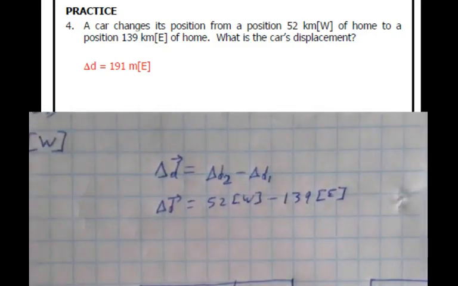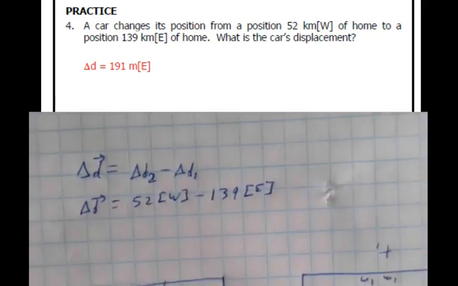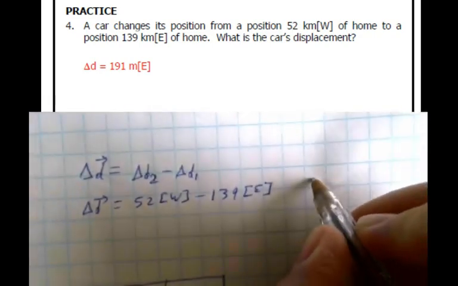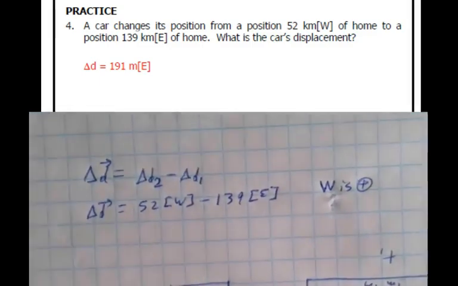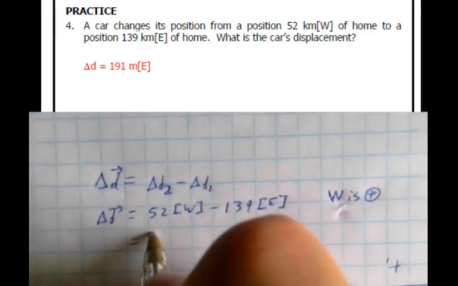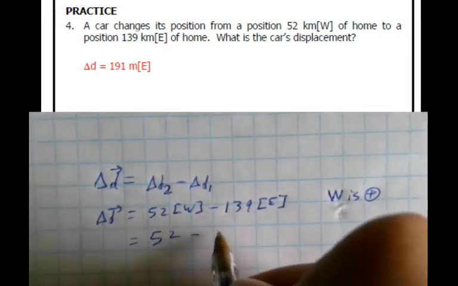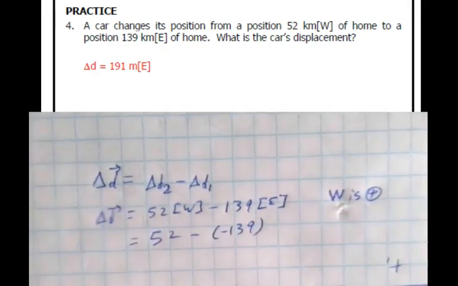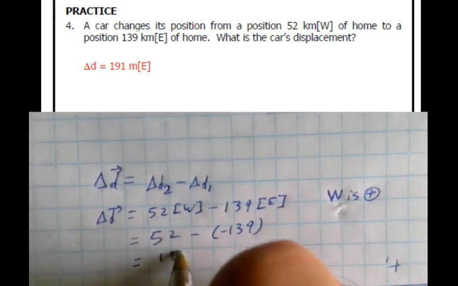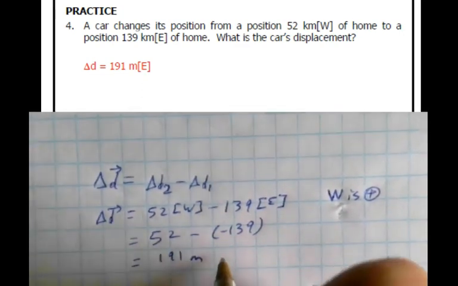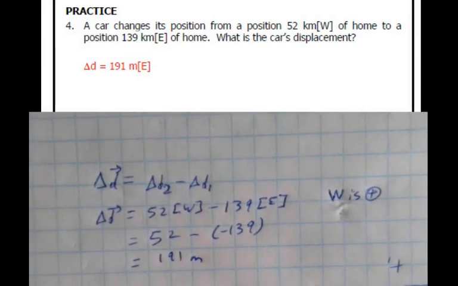And in this case, let's say west is positive, so we could choose either way. West is positive. That gets us to 52 minus negative 139. And when we subtract a negative 139, it's the same as adding. So we end up with 191 meters, and this would actually be to the east.